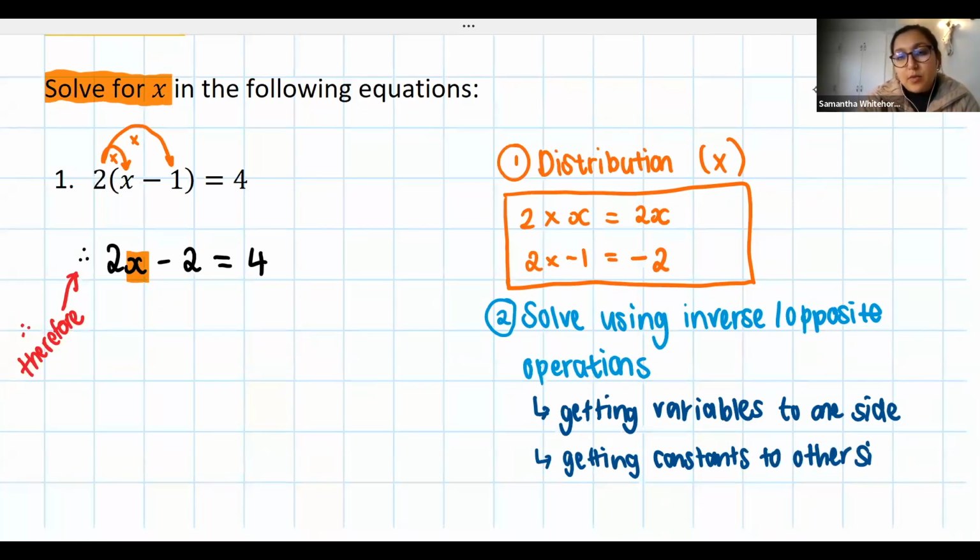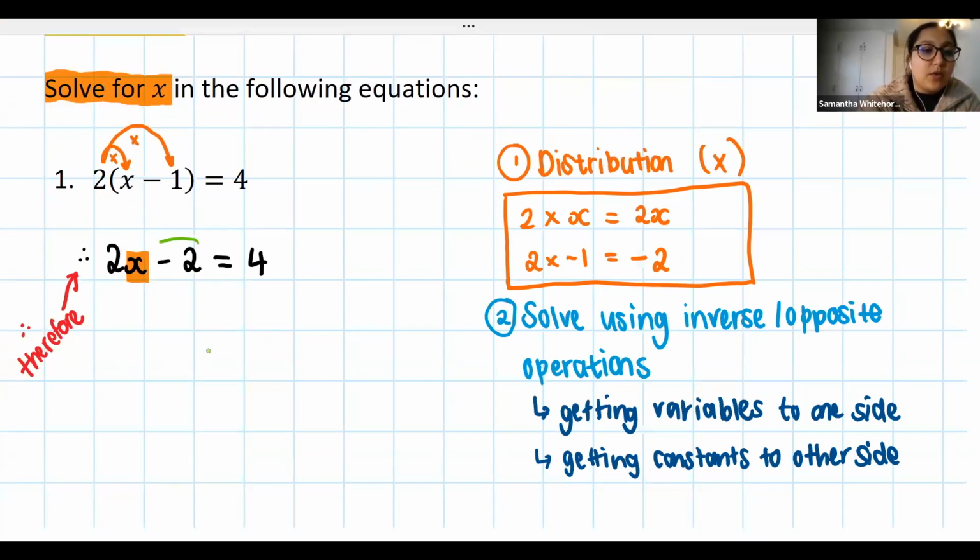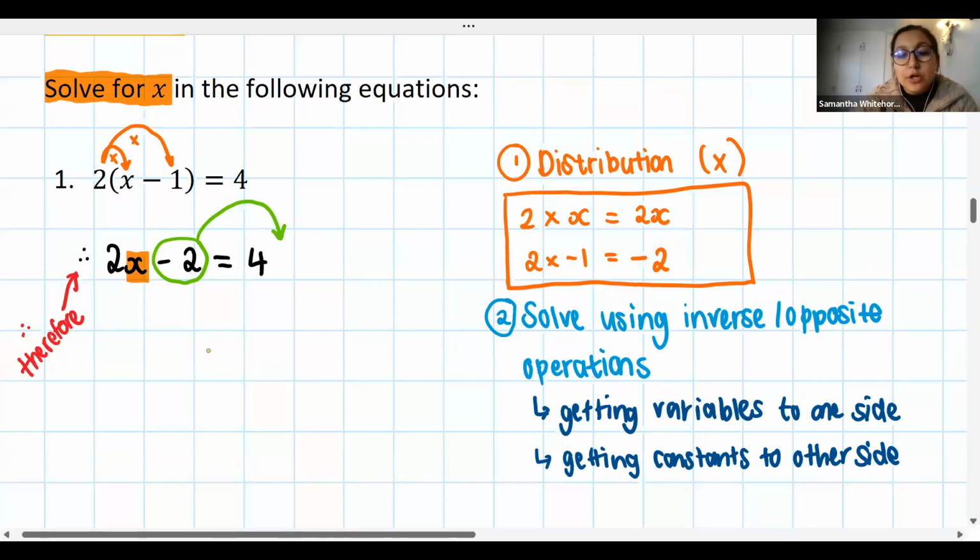So if I have a look at what I've got here, I've already got my x term on the left-hand side. So I'm fine with 2x being on the left. What I don't like in this equation is this minus 2 that I have here. So I want to take this minus 2 and bring it over the equal sign so that it can join the other constant on the right.